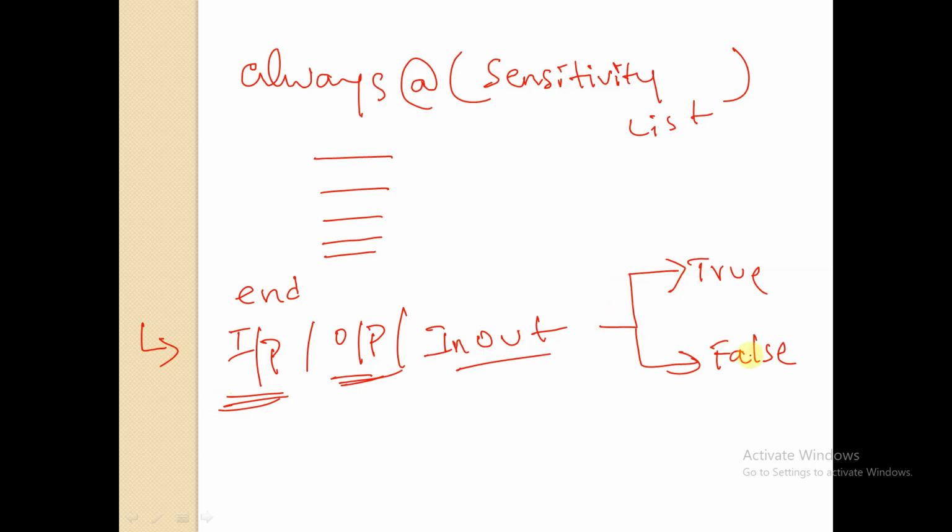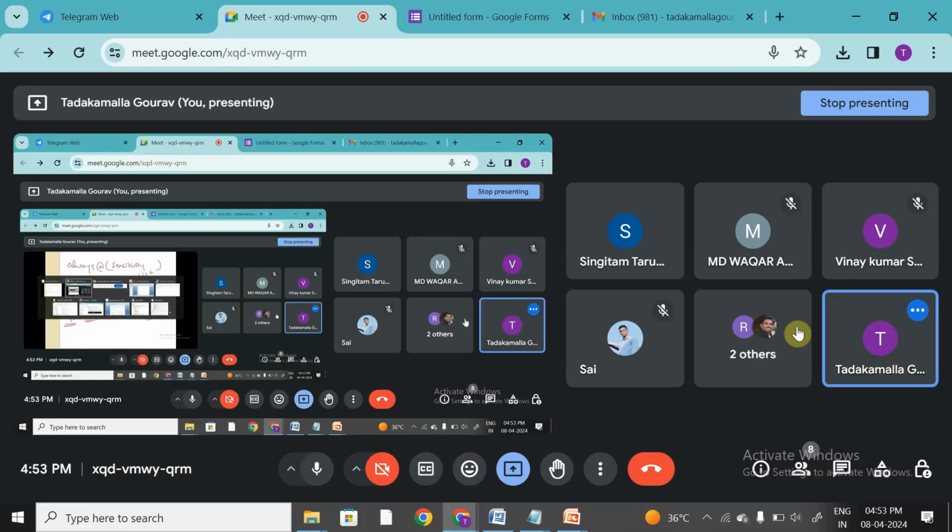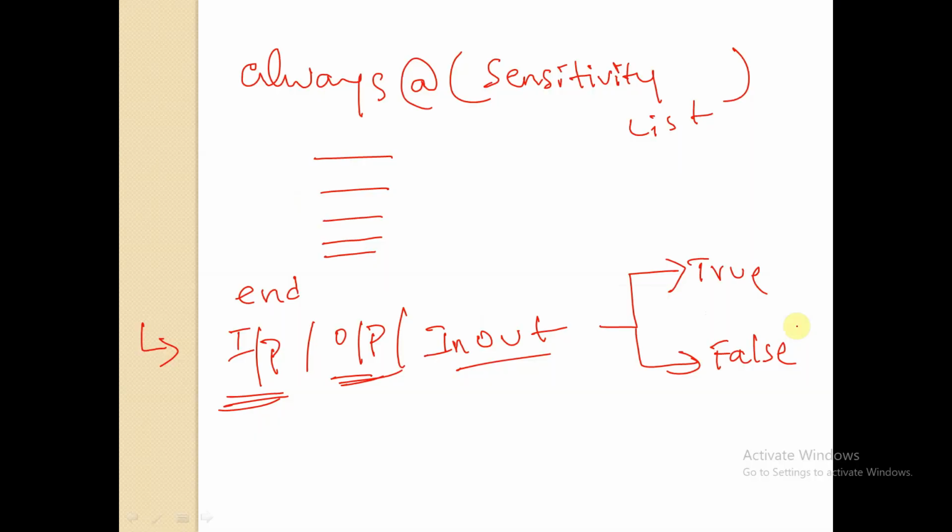Is this statement true or false? I feel it's false. Okay. Others?